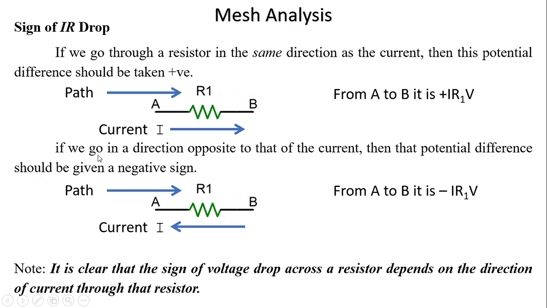Similarly, if we go in the direction opposite to that of the current, then the potential difference should be given a negative sign. So the path direction is A to B, the current direction is opposite to that, and the potential difference should be given a minus sign, minus I into R1. It is clear that the sign of the voltage drop across the resistor depends on the direction of the current through the resistor.